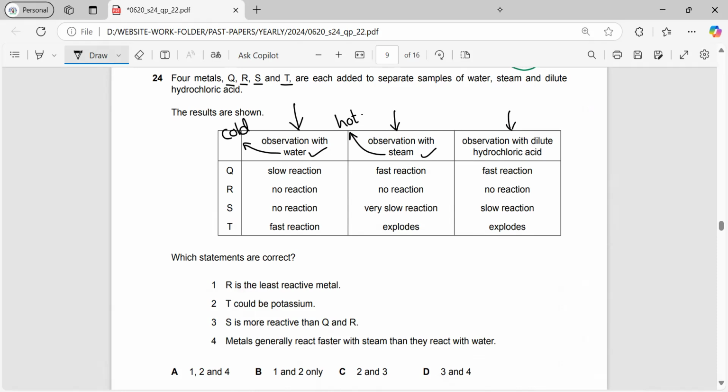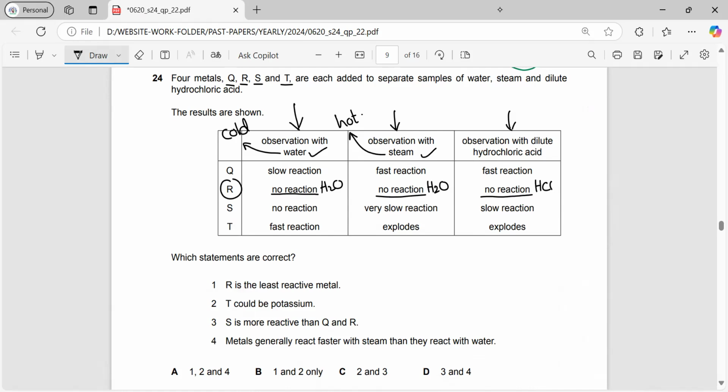Which statements are correct? Number one, R is the least reactive metal. Now, as you can see, R does not react with water, does not react with steam, does not react with acid. In water, steam, and acid, there is hydrogen.